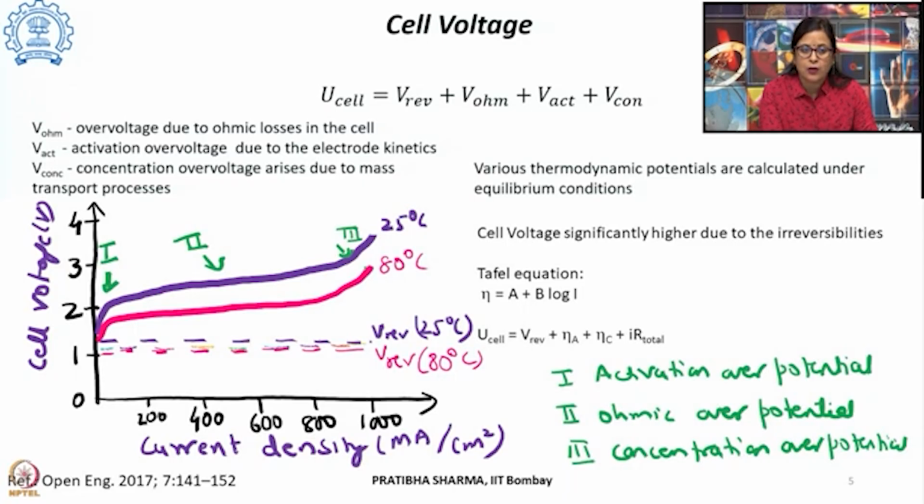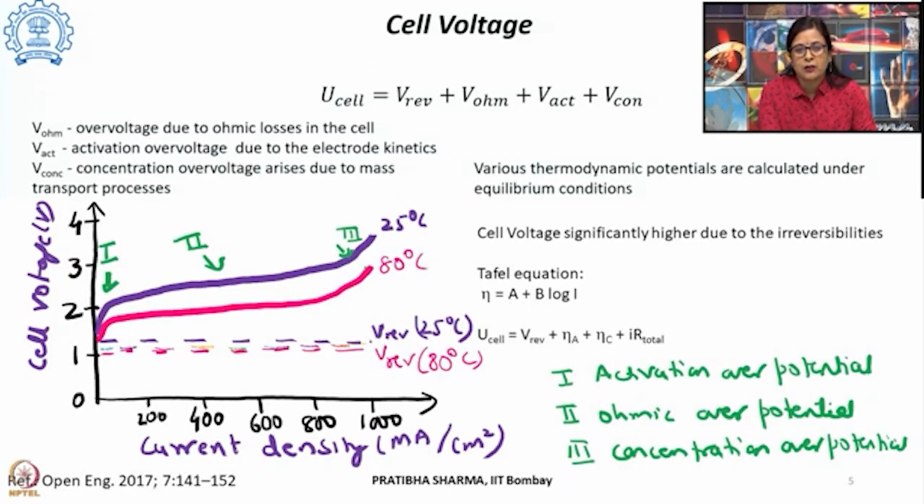As such, it is logarithmic in nature, and thereafter a linear nature is observed in the IV characteristic. So in this linear region, the activation over voltage is less dominant than the ohmic over voltage, which is offered by the electrical resistance of the various cell components.